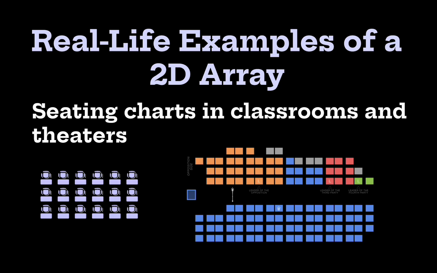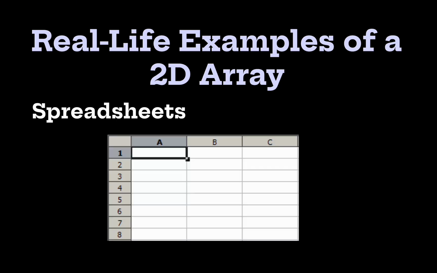Another example we can think of is seating charts in classrooms and theaters. Because we know, for instance, that this is a seating chart of 1, 2, 3, 4, 5, 6, 18 seats, all right? And that is also another example of a 2D array. Another example we can think of are spreadsheets.